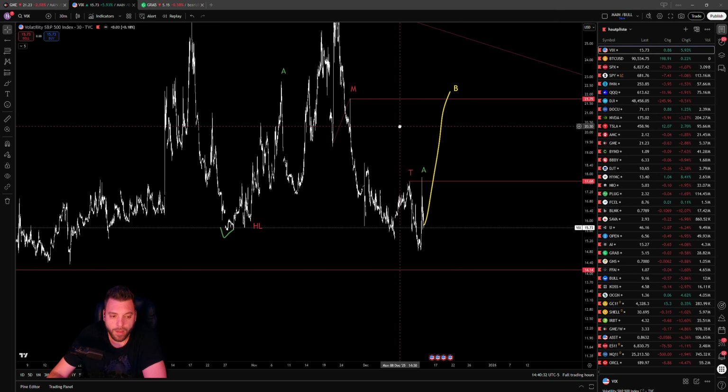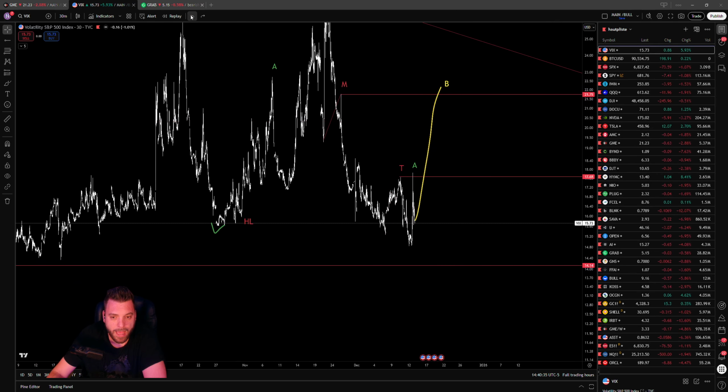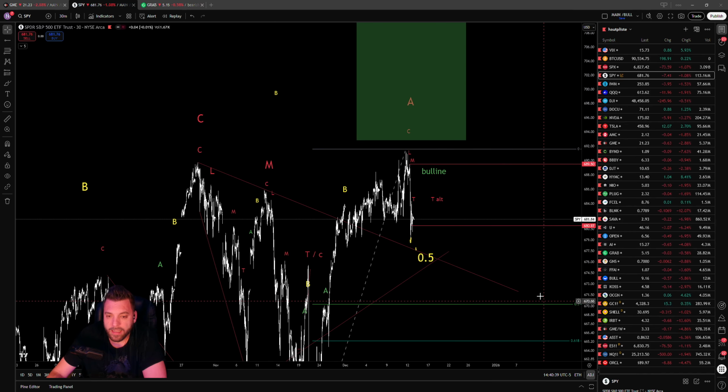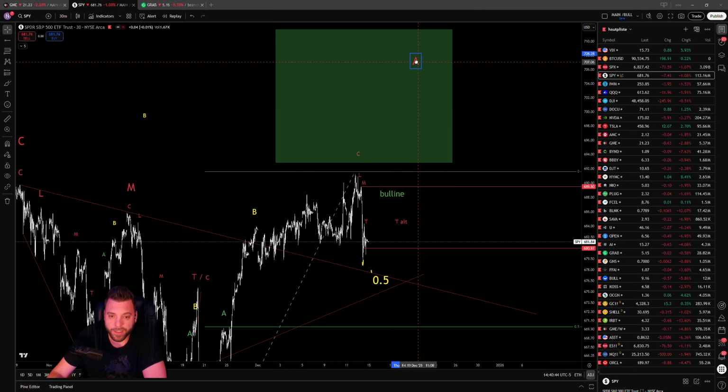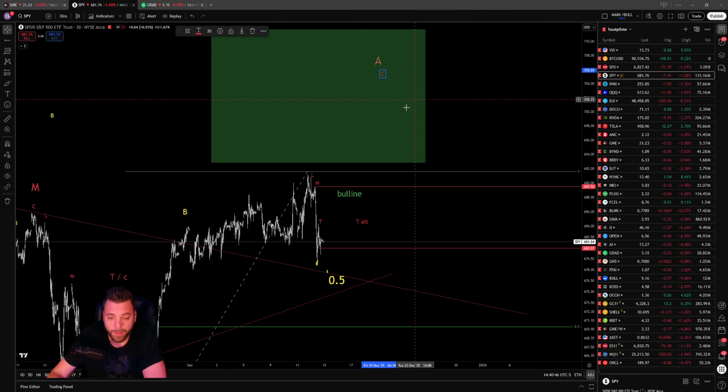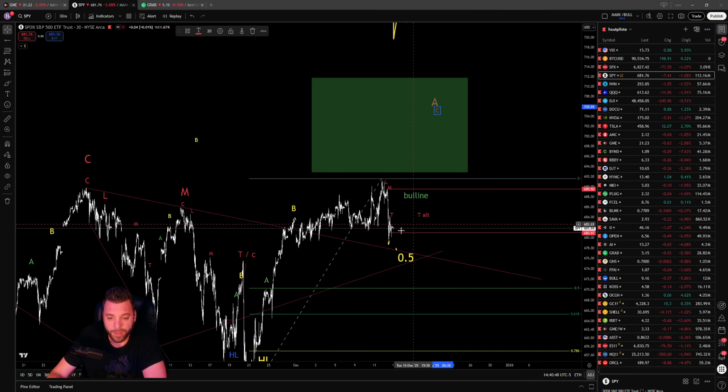Just saying. But let's see. I'm still leaning, especially with this, to a green week next week. Center rally, blah, blah, blah. I'm still leaning to green. Maybe the most bearish thing I would see still is Monday, where we knife to get to the 0.5 and then we bounce. But I'm still leaning bullish on this.